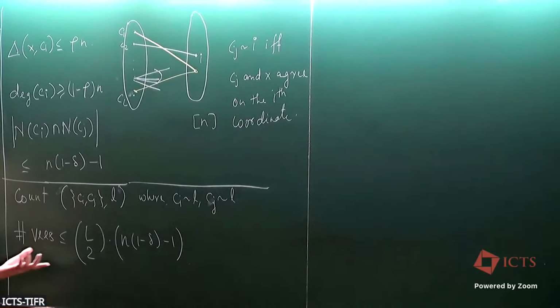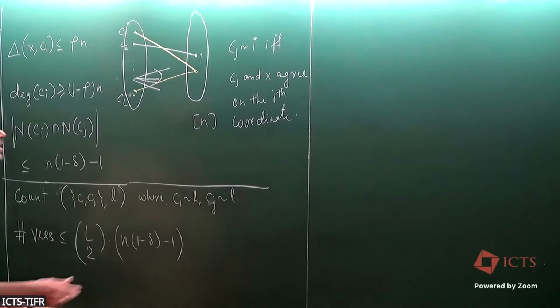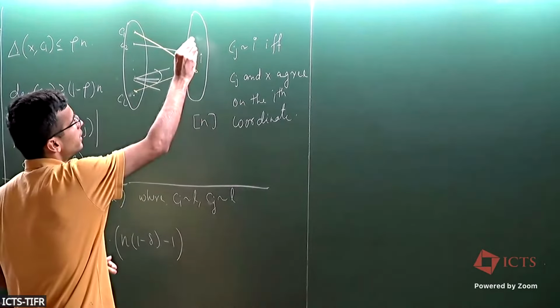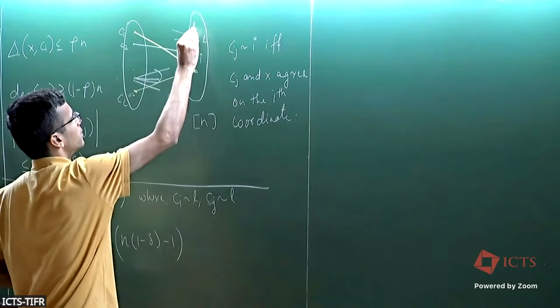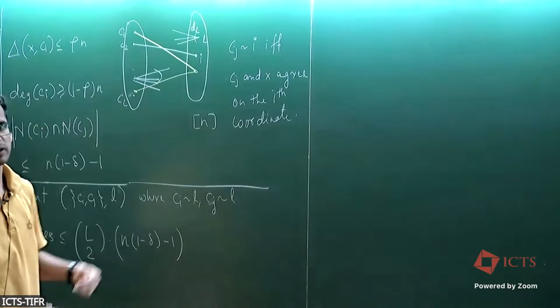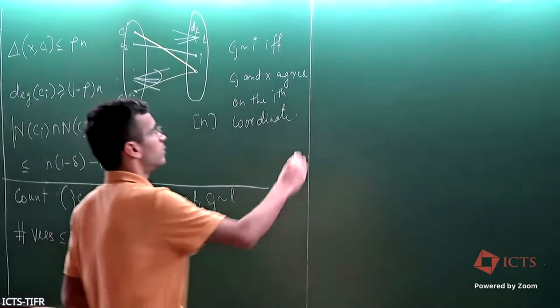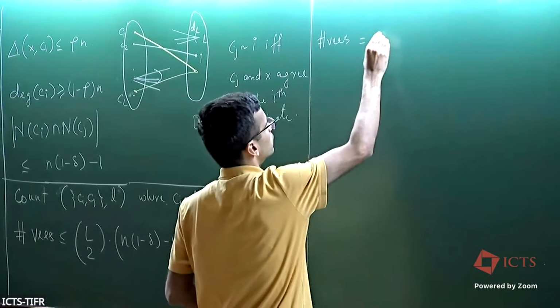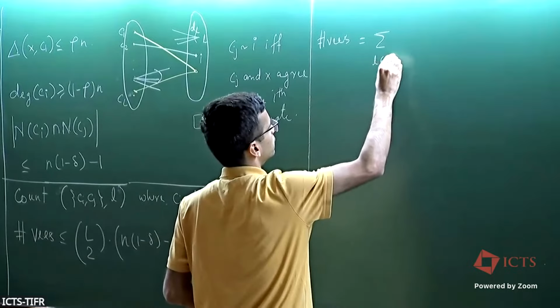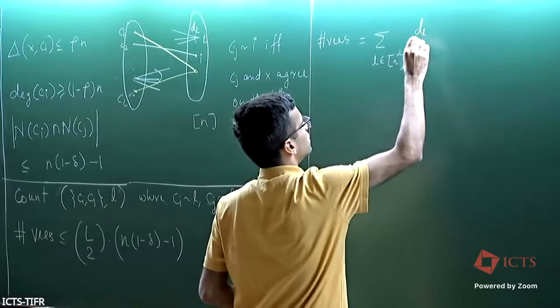Now let's do this count from the right hand side. If the degree of a vertex L is d sub L, how many V's can this vertex participate in? d_L choose 2. So the number of V's is actually equal to the sum over L in N of d_L choose 2.